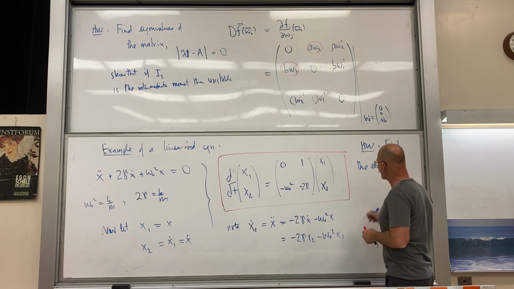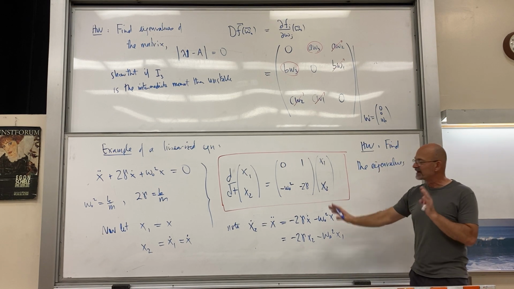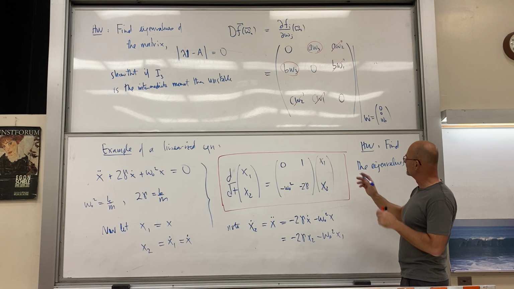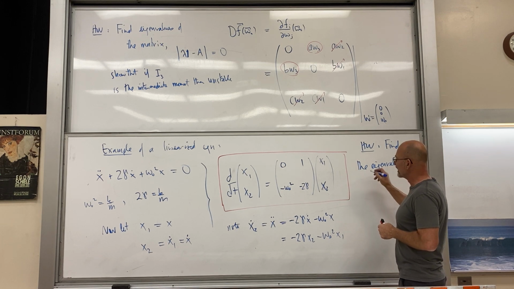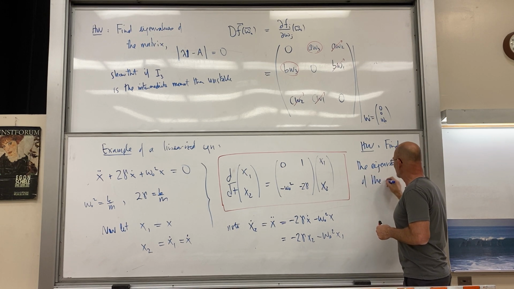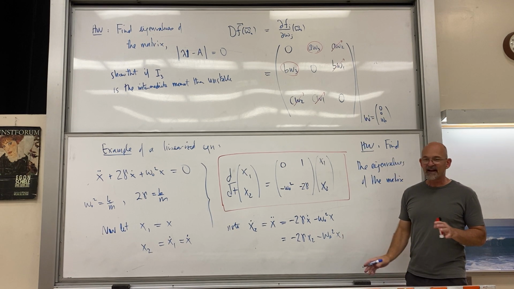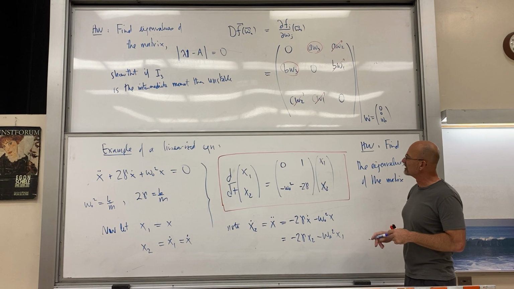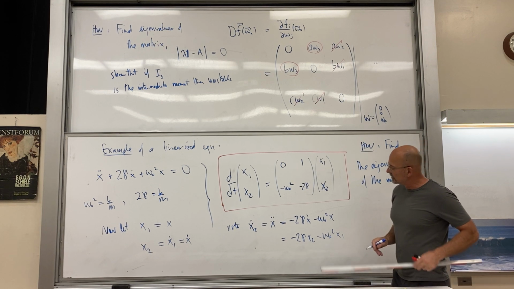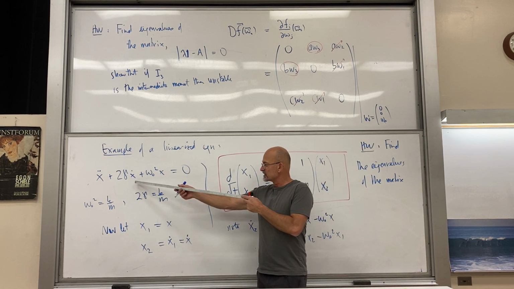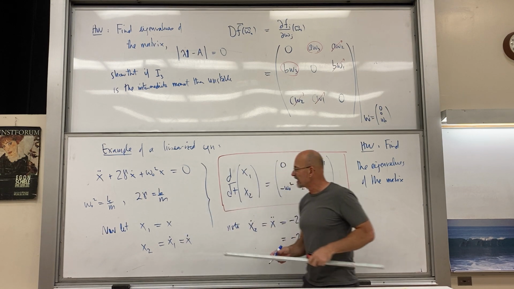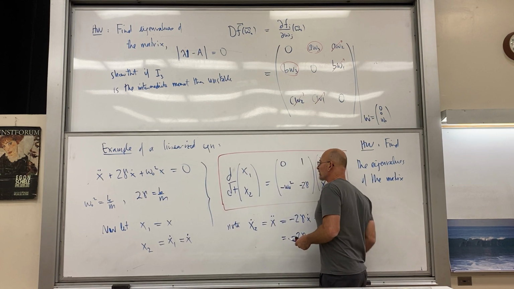You know what? I'm going to do it right now, and you guys will write it up as well, just for good measure. Find the eigenvalues of the matrix. You could find eigenvalues and the eigenvectors, and eventually you'd come up with just the solution to this that we've studied before. So let's just do the eigenvalues. That's worth it.